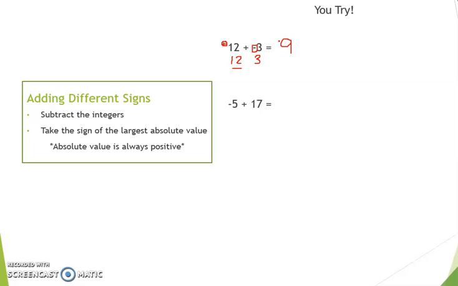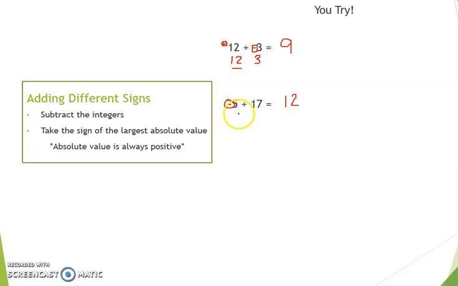All right, we have negative 5 plus 17. Go ahead and pause this video and see if you can solve. Again, we have negative 5 plus 17. Our signs are different, so we are going to subtract. 17 minus 5 gives us 12.